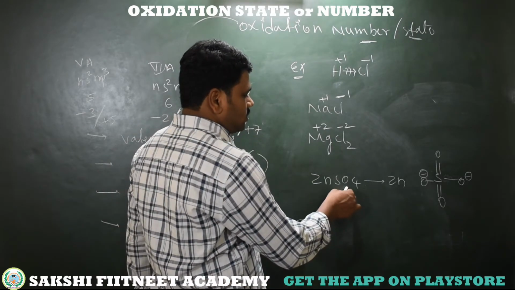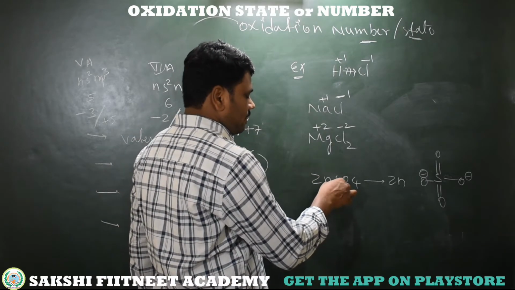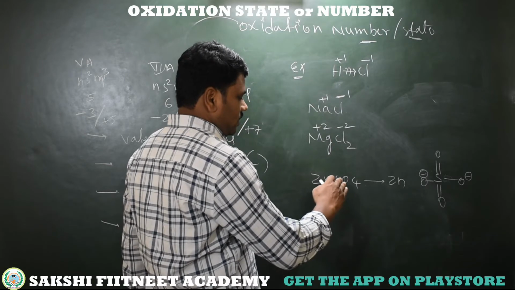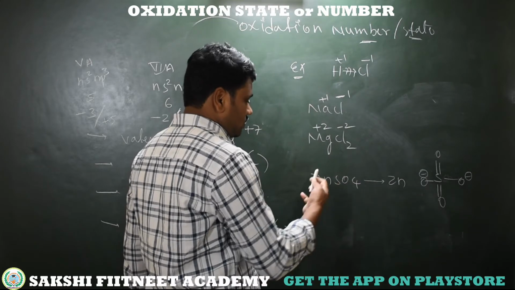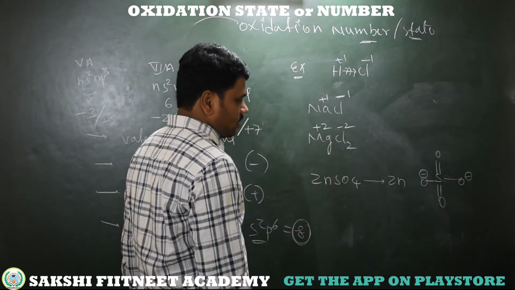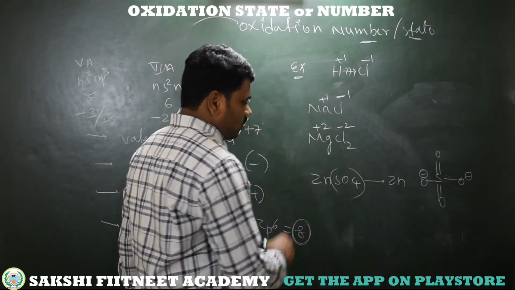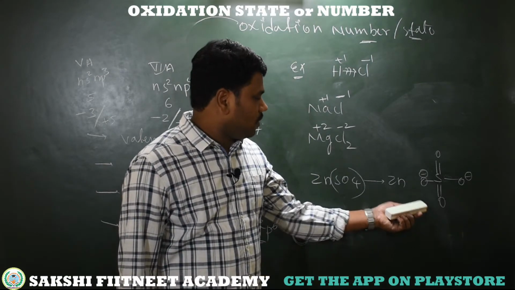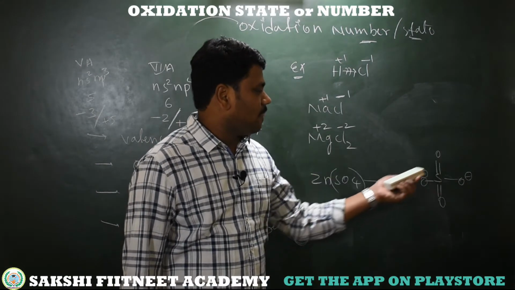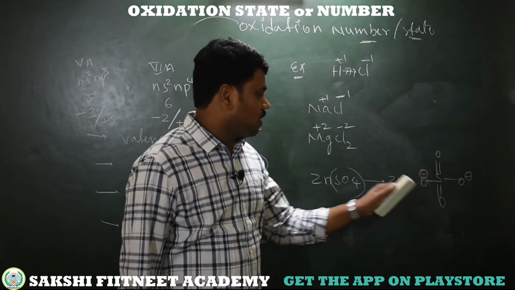Now see, oxygen is more electronegative, sulfur is less electronegative, so obviously electrons are pulled from sulfur, and zinc is more electropositive, so zinc is also donating electrons. Actually the sulfur with 4 oxygens is a covalent group, and zinc neutralizes that O minus. How?